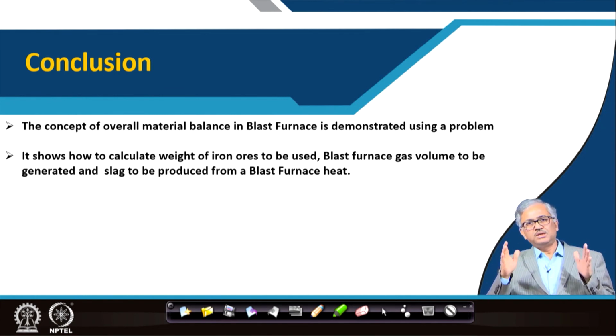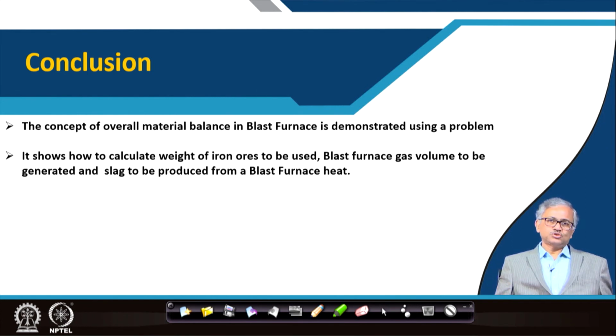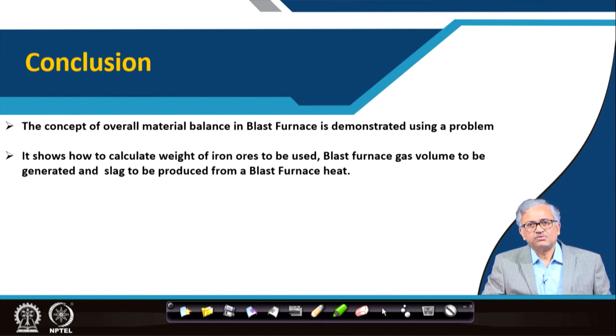When we do the material balance, we just make input equal to output, that means we are considering a steady state process. Anything happening inside the reactor we are not bothered about. We only analyze the input and output, and based on that we make a heat and material balance by equating input and output, and we can make predictions.